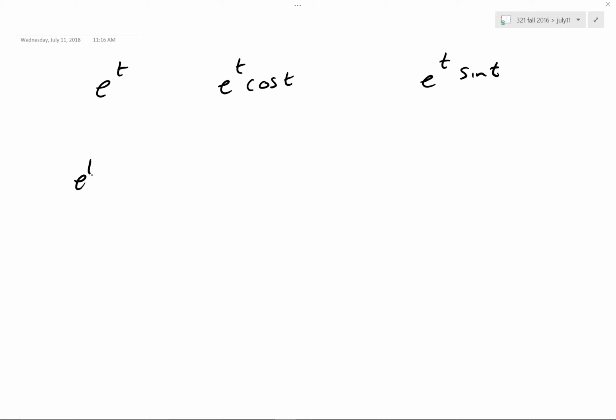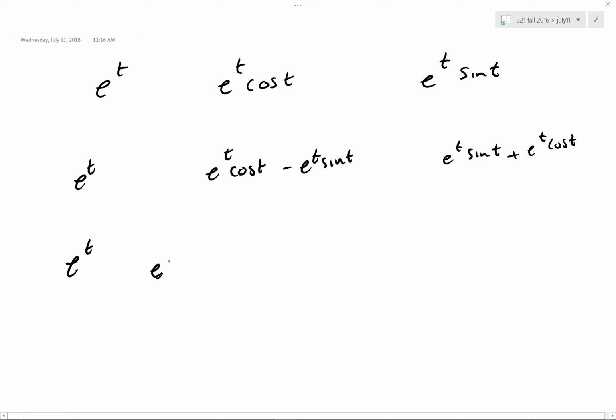So e to the t, e to the t, e to the t cosine t minus e to the t sine t, and then e to the t sine t plus e to the t cosine t. This is what we just did a minute ago in the determinant. E to the t, this is the same as this, so this first part stays the same.